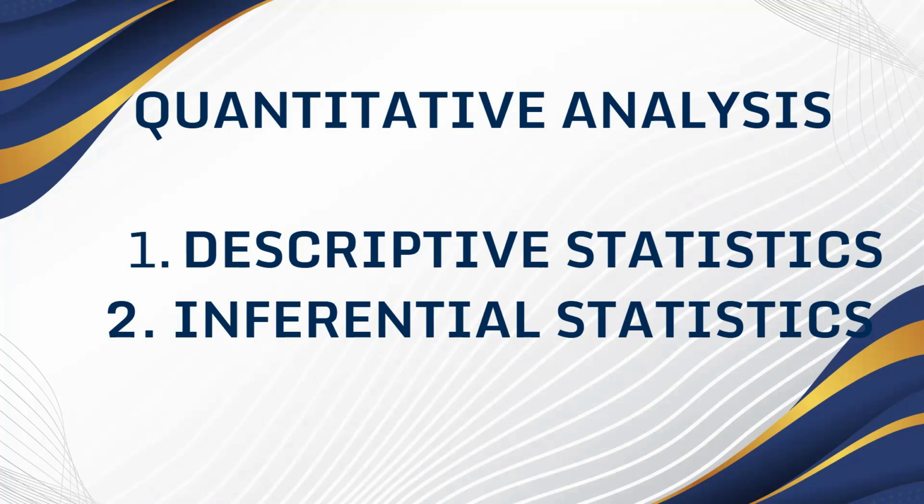Descriptive statistics come into play when you want to describe your data, for example, how your data is spread, or how skewed your data is. Is it normally distributed like the bell curve, or is it skewed to the right or skewed to the left? So you would use descriptive statistics there.